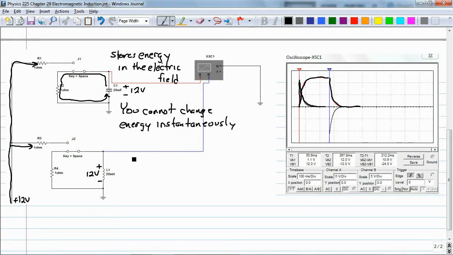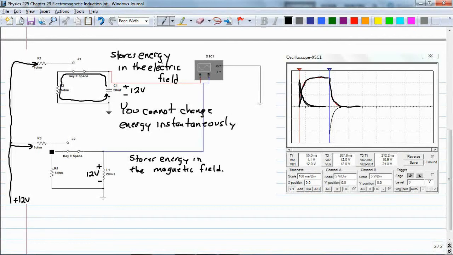For an inductor or a coil, it stores energy in the magnetic field. And since it's the magnetic field, you cannot change the current instantly.